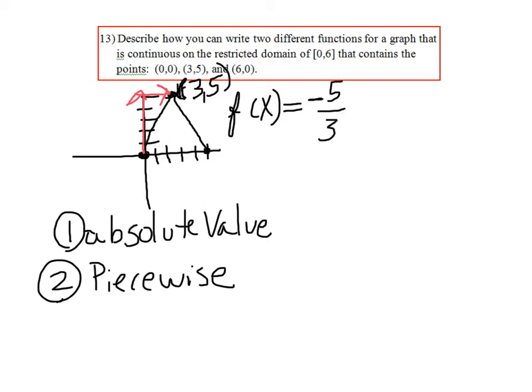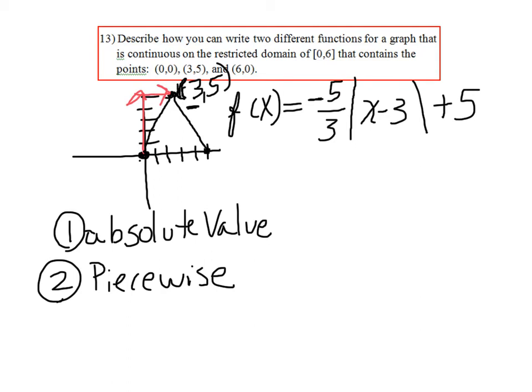And I'm going to do the absolute value sign. When I see that it moved from (0, 0) to (3, 5), I know that it moved right 3, so I'm going to have an x minus 3. And then at the point (3, 5), I know that point went up 5 from the 0, so I'll have a plus 5 on the end.